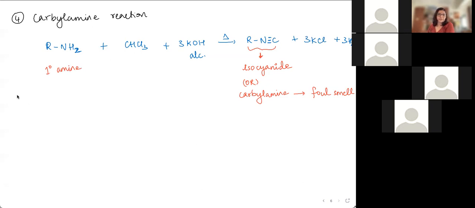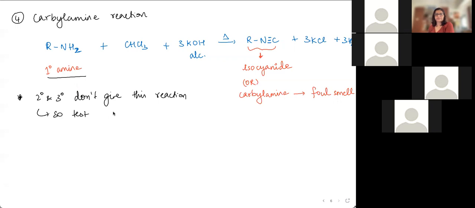That's an important point here. Secondary and tertiary don't give this reaction. It happens only with primary amines, so you can treat it as a test for primary amines. So the identifier is if you get that foul smell.